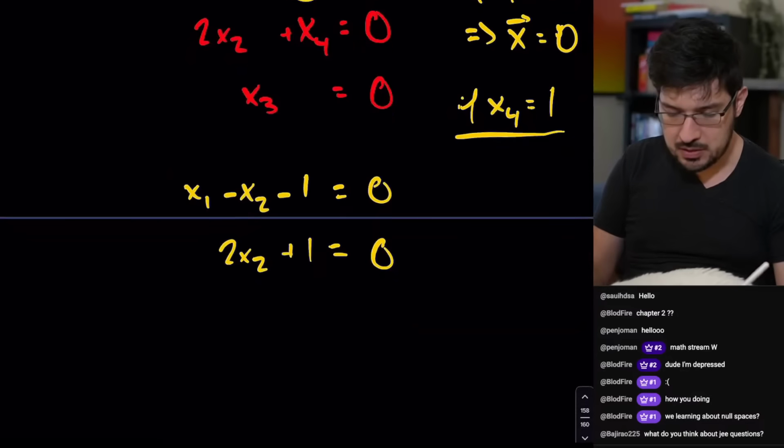So from here, we simply have x2 equals -1/2, and substituting x2 equals -1/2 into x1 minus x2 minus 1 equals 0, x1 is 3/2.